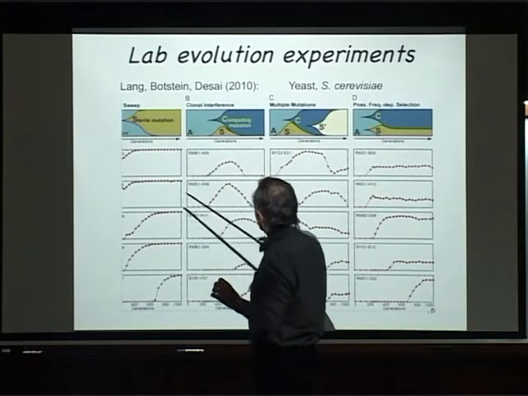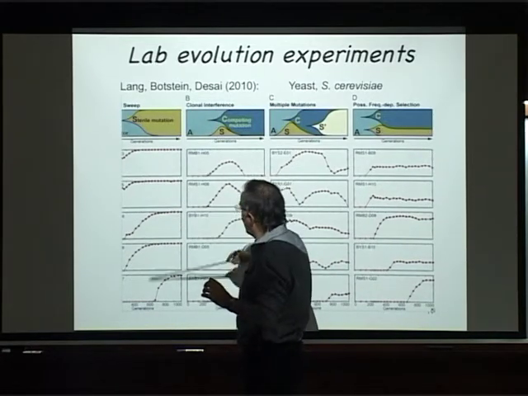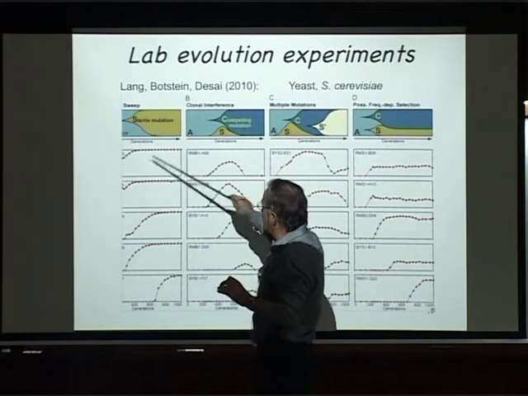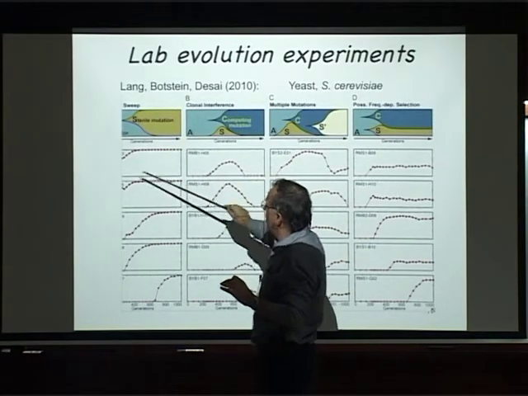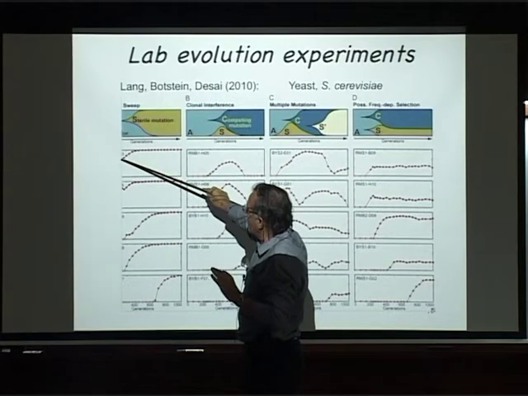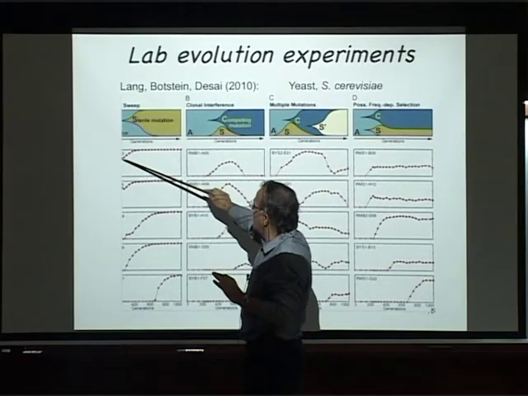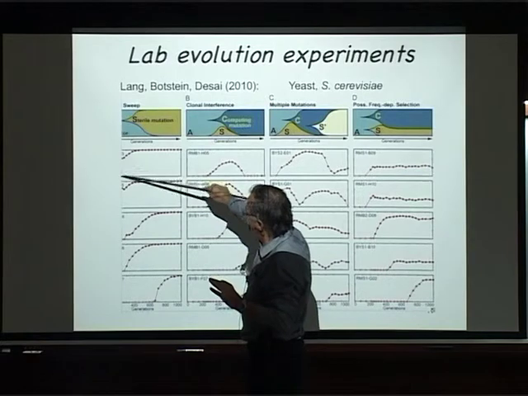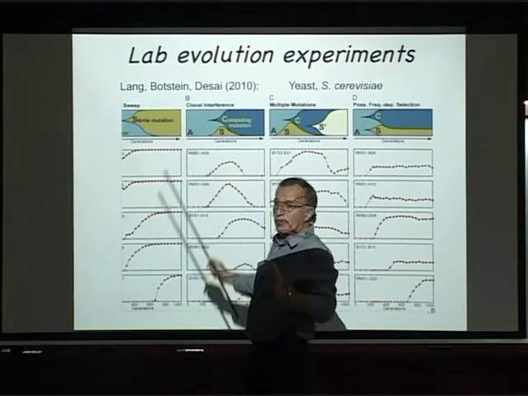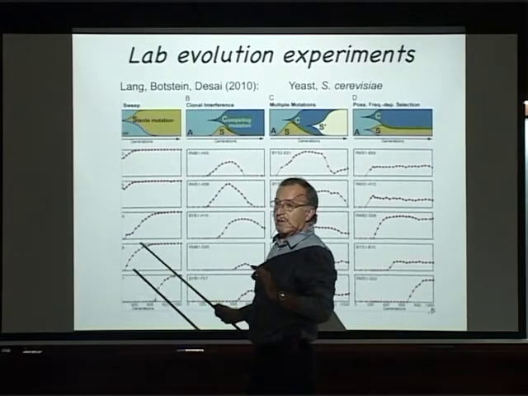This was a cartoon, and this is many examples of this sort of behavior, where some fraction of the population, in this case from the very beginning of the trace, was fluorescent, right?